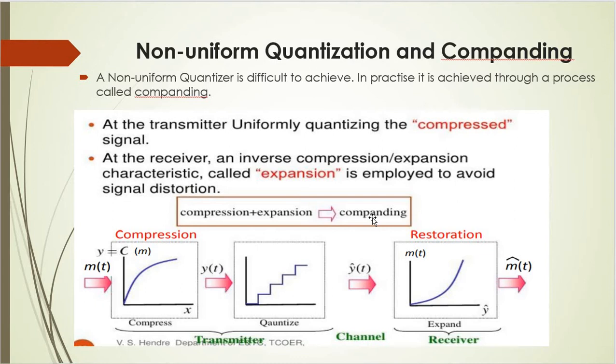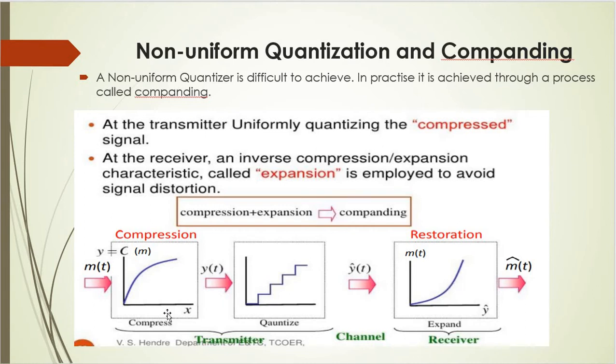On the transmitting side, the signal is first compressed, then it is quantized uniformly with the help of a quantizer and is transmitted through the channel. At the receiver end, to restore the signal, it has to be expanded. So compression at the transmitting side and expansion at the receiver end.